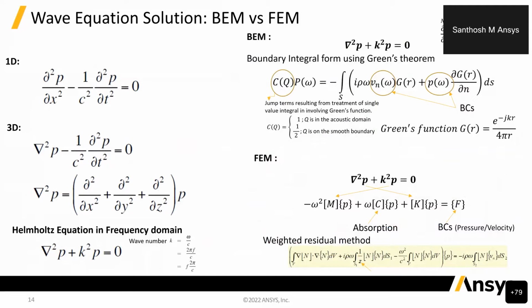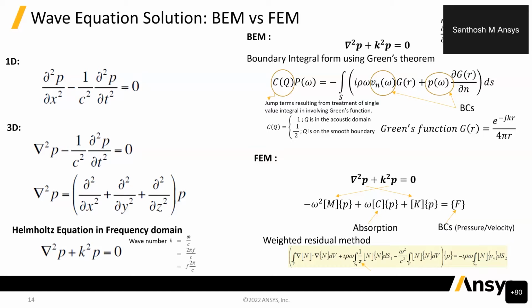Having known the equation, the way we solve it numerically is different in the boundary element method and the finite element method. In the boundary element method, we do the boundary integral using the Gaussian theorem to find the pressure as a function of frequency at various points. As I mentioned earlier, in Ansys we have the boundary element method only in the frequency domain, not in the time domain.